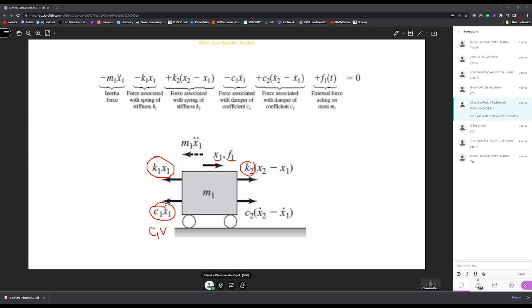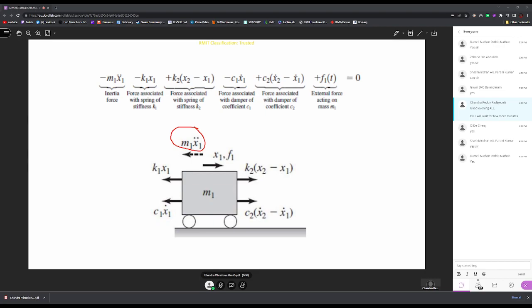Now we can write the forces acting on the system. We sum up all the forces acting on the system and equate to 0. Here m1 x1 double dot, where x1 double dot is the acceleration, is the inertia force, which is taken as negative.